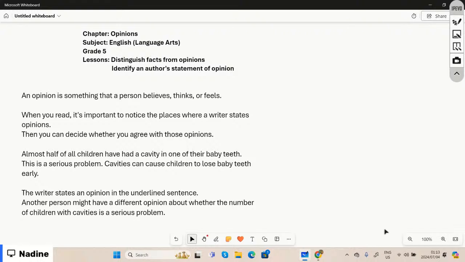All right. So we're going now to aplusstudents.ca, and then we're going to distinguish facts from opinions and to determine an author's statement of opinion.